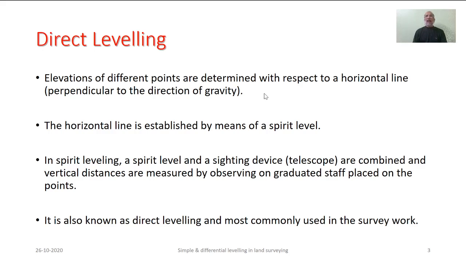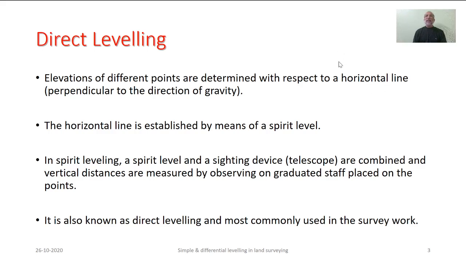Here, as I referred to earlier, you must know exactly what we mean by a horizontal line. As a brief recap, we consider a level surface which is parallel to the mean spheroidal surface of the earth. We consider the plane which is tangential to that level surface, and that horizontal plane defines the position of the horizontal line.